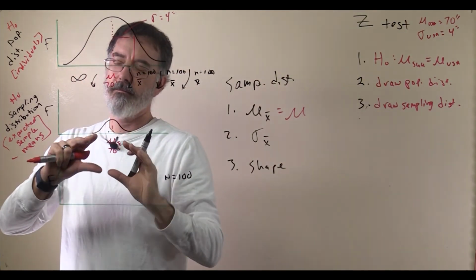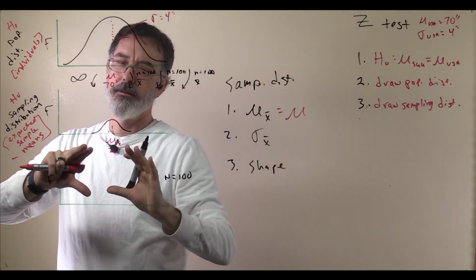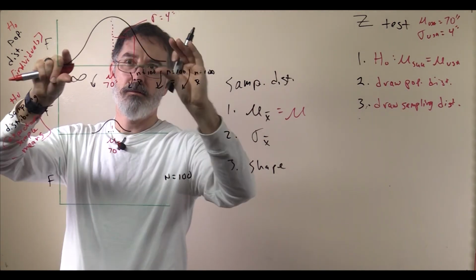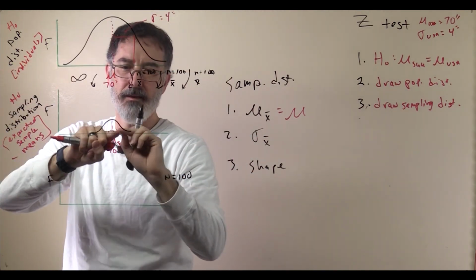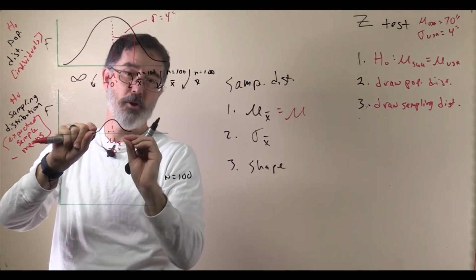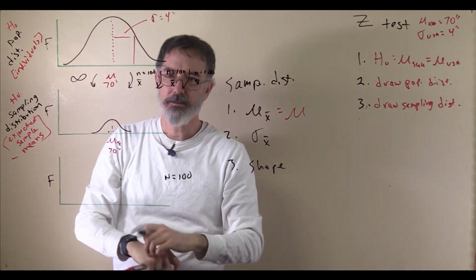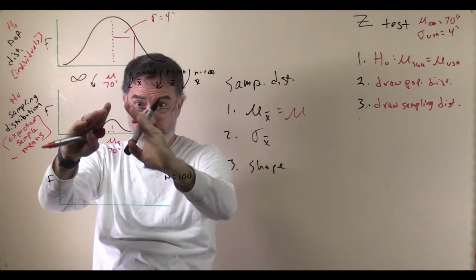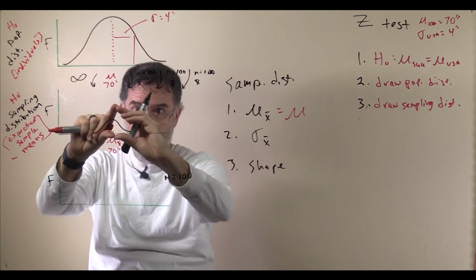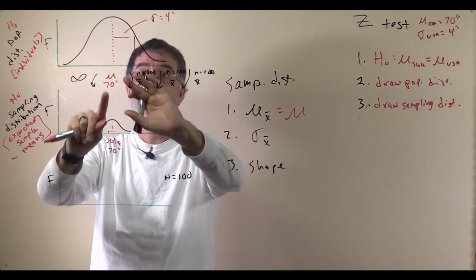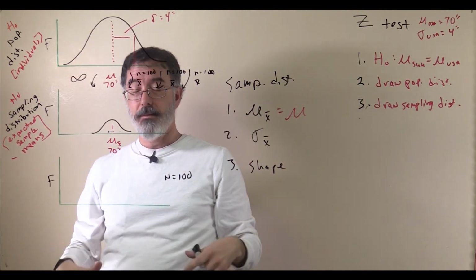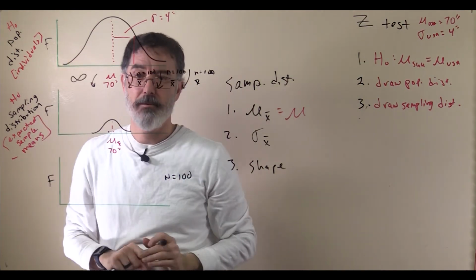You create every sample mean for all samples of 100 from this population, and this is the frequency of those sample means. All right, so this is the exact distribution of sample means that you expect from here if all samples are equally likely. And that's what random sampling is, when all samples are equally likely.